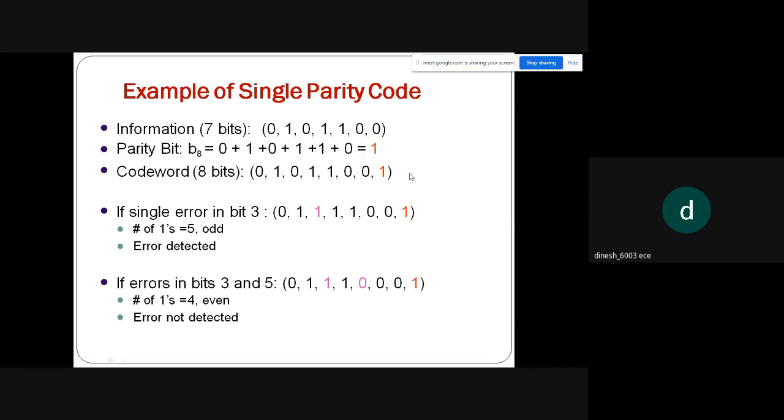Okay. Now, what I do is I introduce an error in the third bit of information. The information I have is 0, 1, 0, 1, 1, 0, 0. Now I introduce an error, so error in the sense that instead of 0 you will get 1, so I am writing it as 1. Okay. Now see the parity.